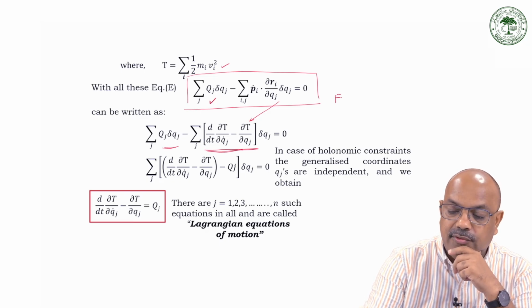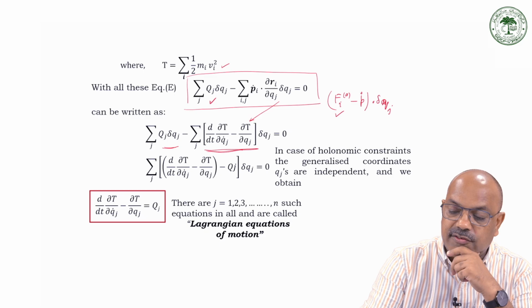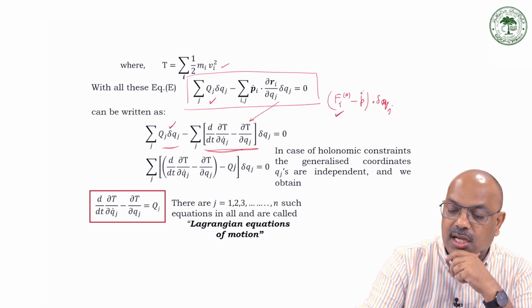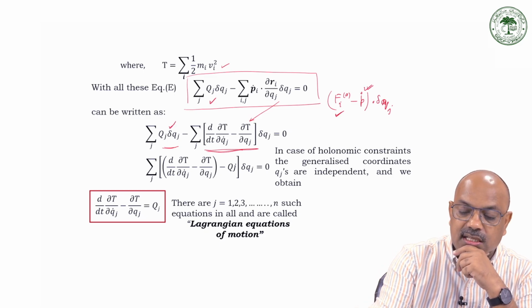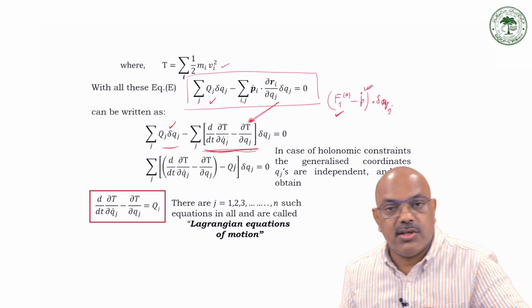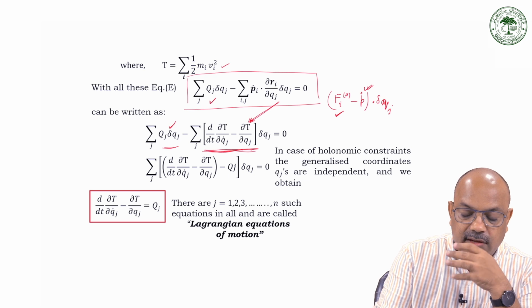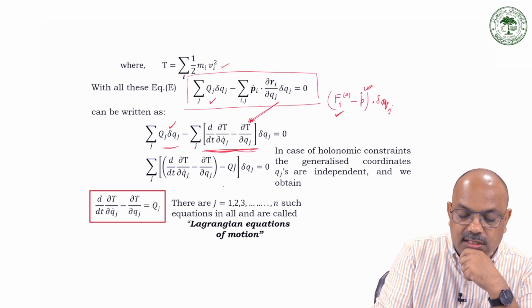Overall, if you remember, this is fi minus p dot delta qj. So this gives me this expression, and because of this I get the whole d dt of delta t by delta qj. Okay, so if we rearrange this, what we get is this equation.